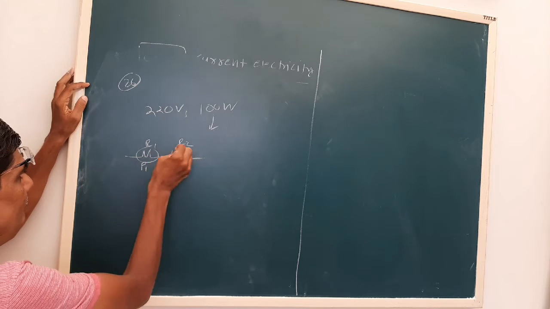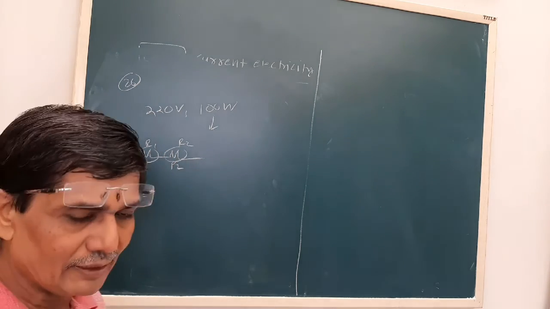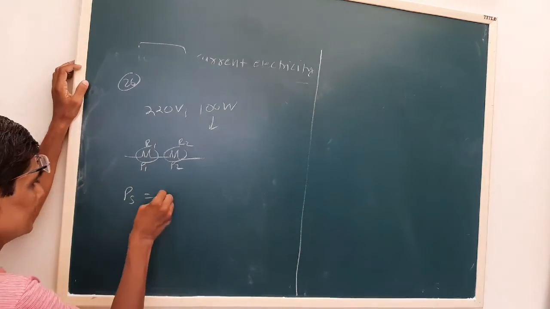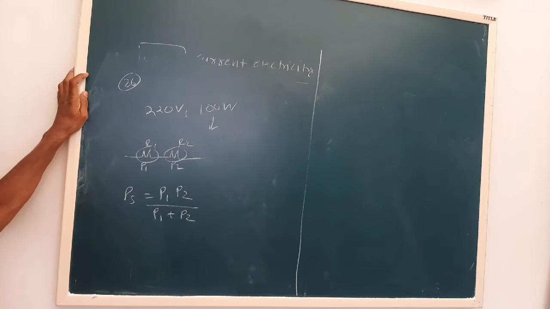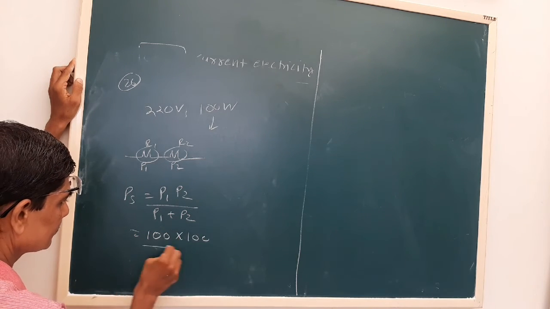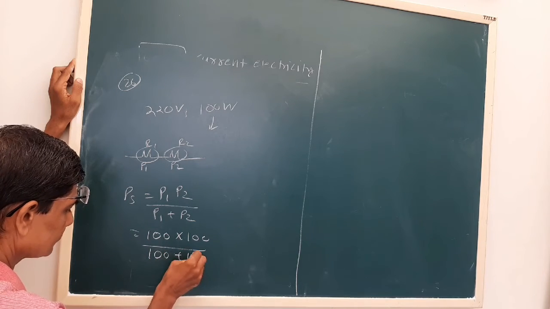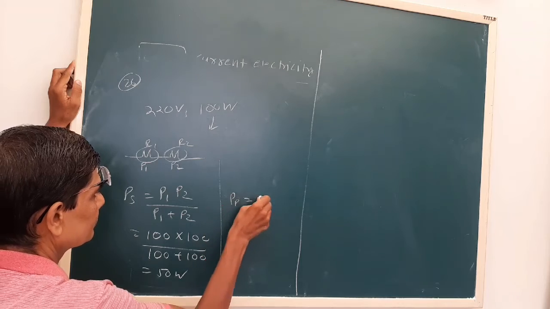Now equivalent power in series connection, the formula is P1 P2 upon P1 plus P2, that we remember as a formula. So it will be 100. Now power in parallel.